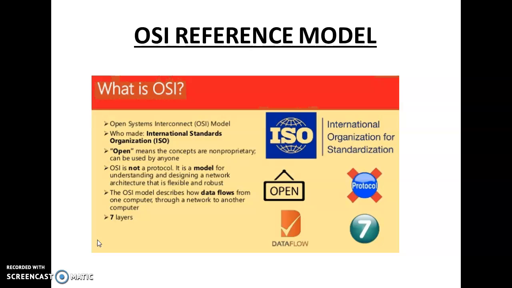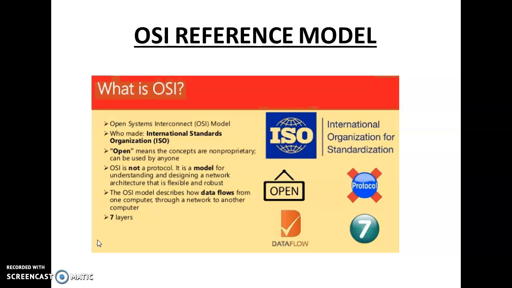That means all the computers and all the communications going through the OSI reference model are open for other computer systems in order to pass the information. So this is the one standard basic reference model which was defined by ISO standards.